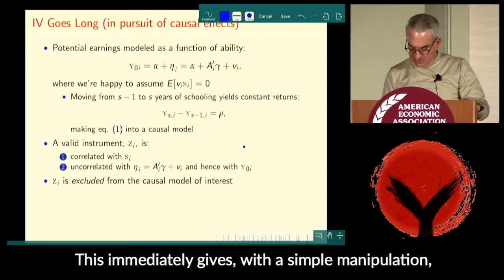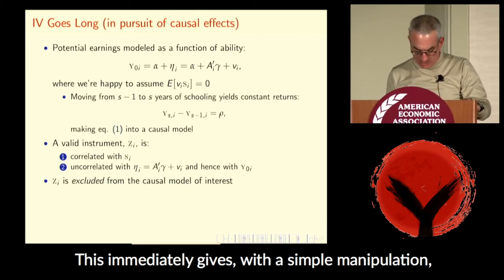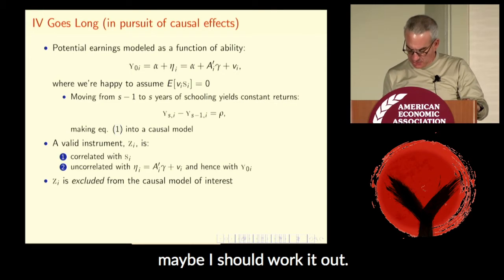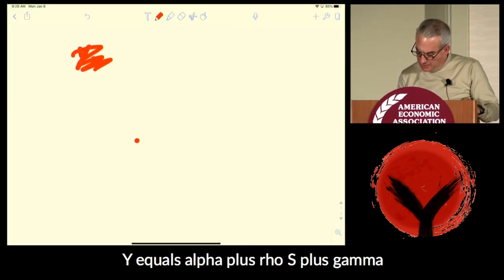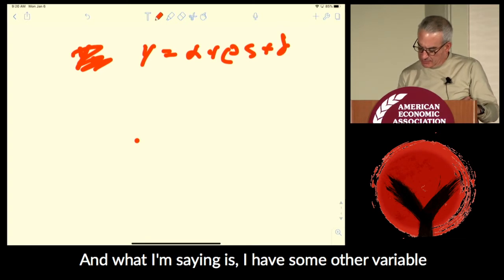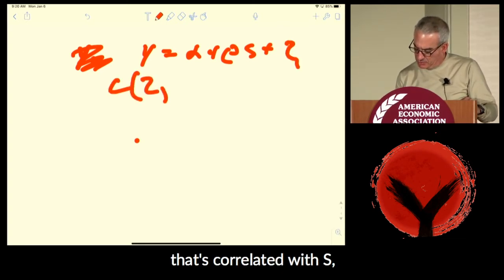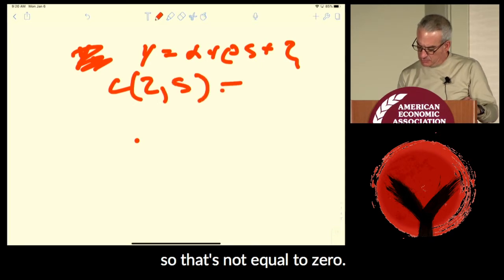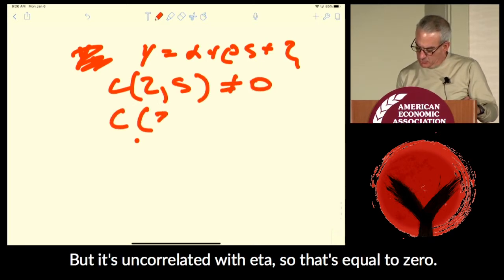This immediately gives me, with a simple manipulation, maybe I should work it out, y equals alpha plus rho s plus gamma, let's just call it eta. And what I'm saying is I have some other variable that's correlated with S, so that's not equal to 0, but it's uncorrelated with eta, so that's equal to 0.